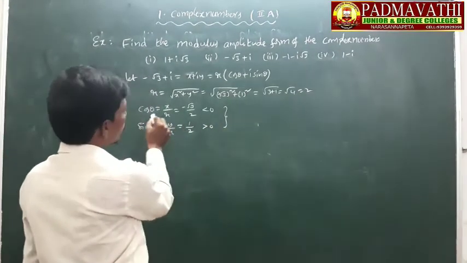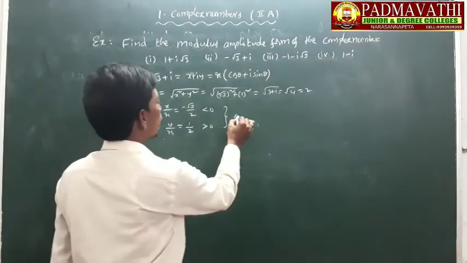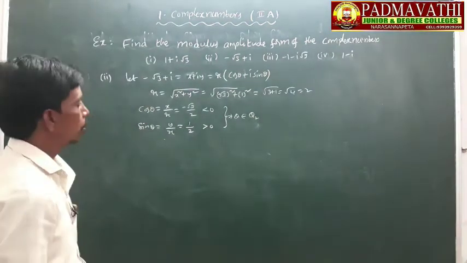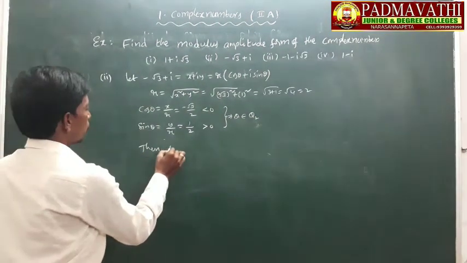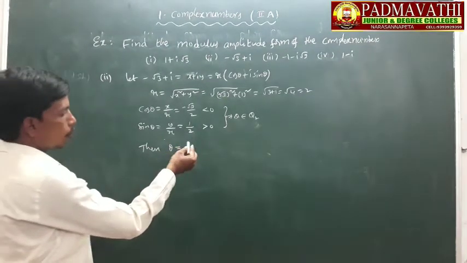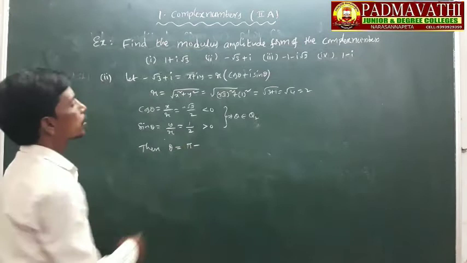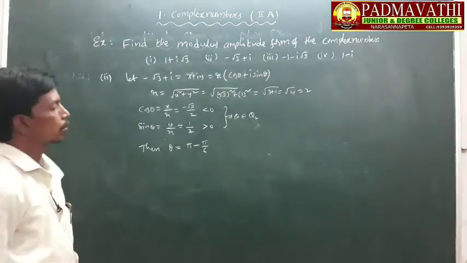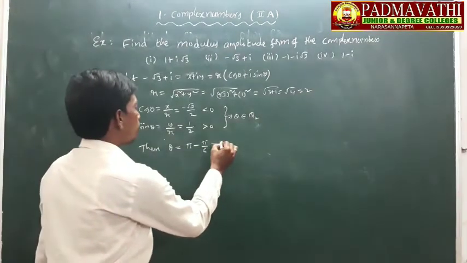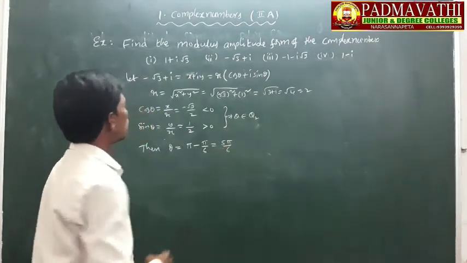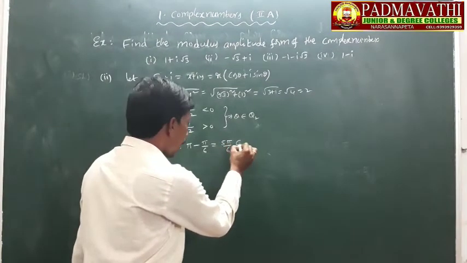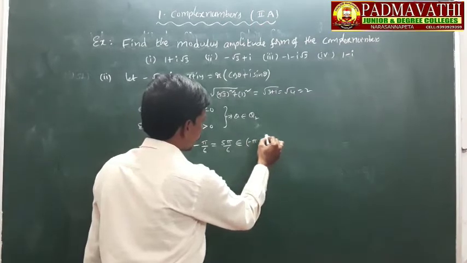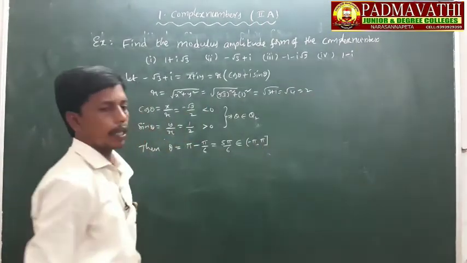So cos negative, sin positive, theta belongs to Q2. So then theta equal to, so Q2 value, let's take pi minus pi by 6, that equal to 5 pi by 6. The 5 pi by 6 lies in the interval minus pi to pi.